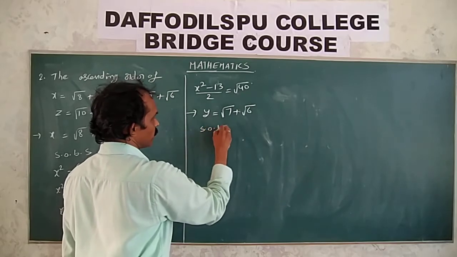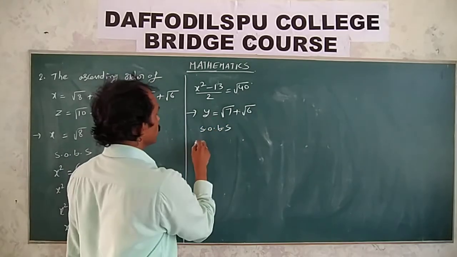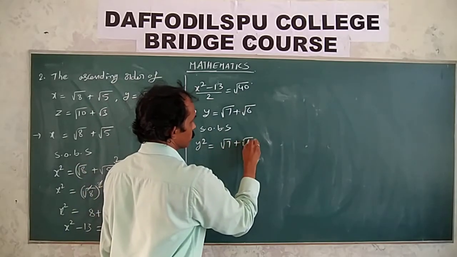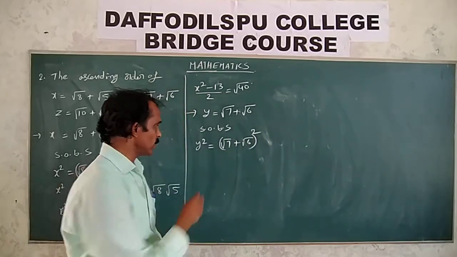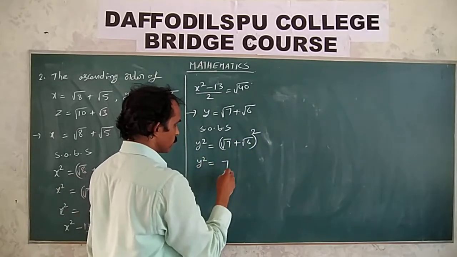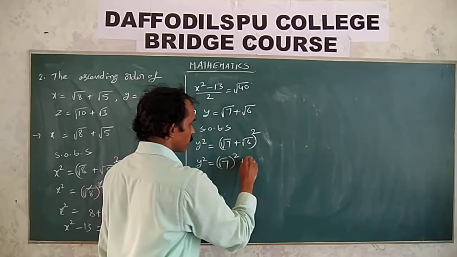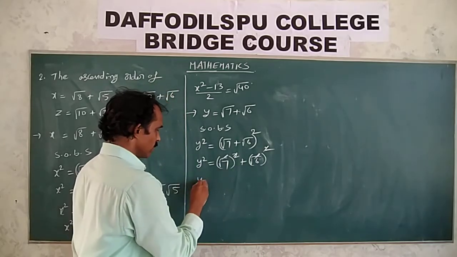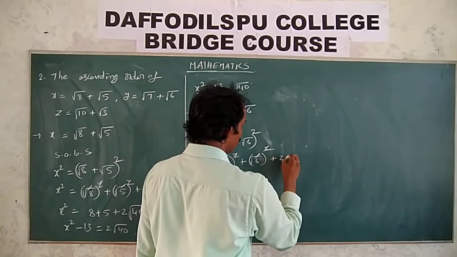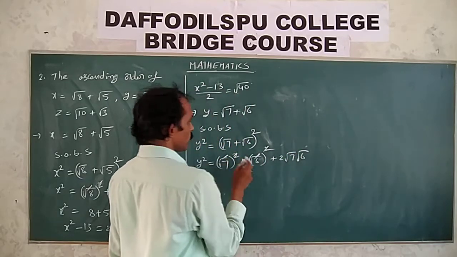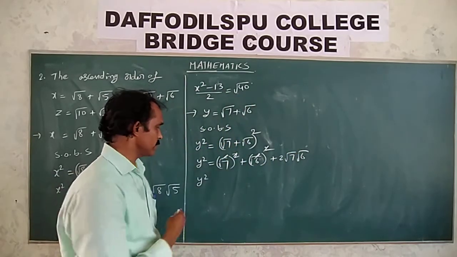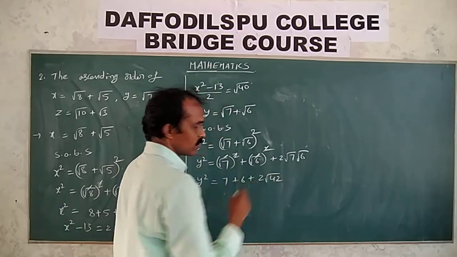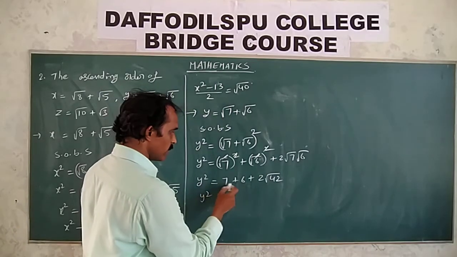For this also, squaring on both sides. y square is root 7 plus root 6 whole square, which is a square plus b square plus 2ab. 7 plus 6 plus 2 root 42. y square is 13 plus 2 root 42.